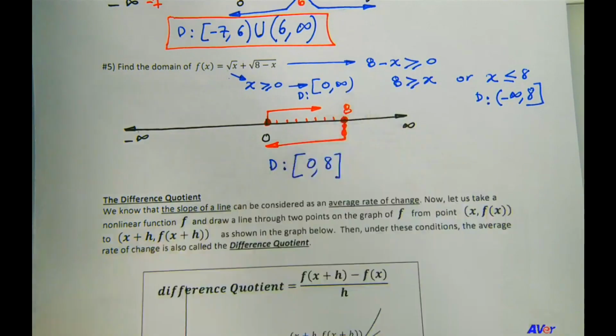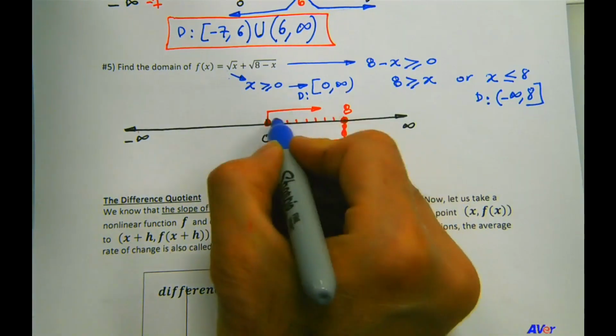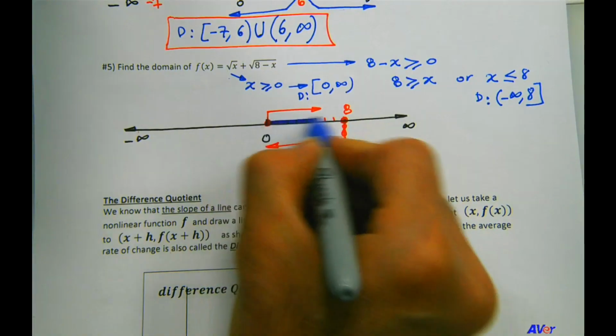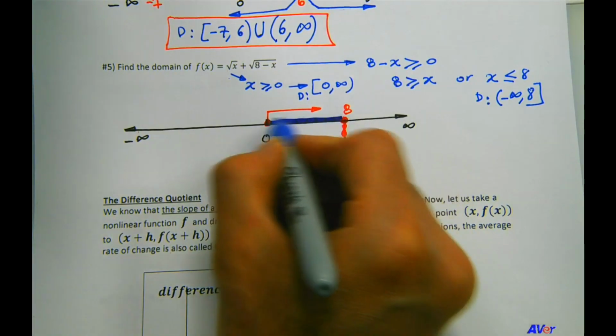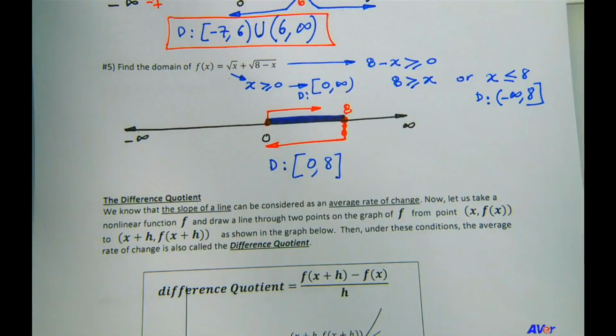That's the overlapping piece, right there, including 0 and 8. Okay, overlapping piece.